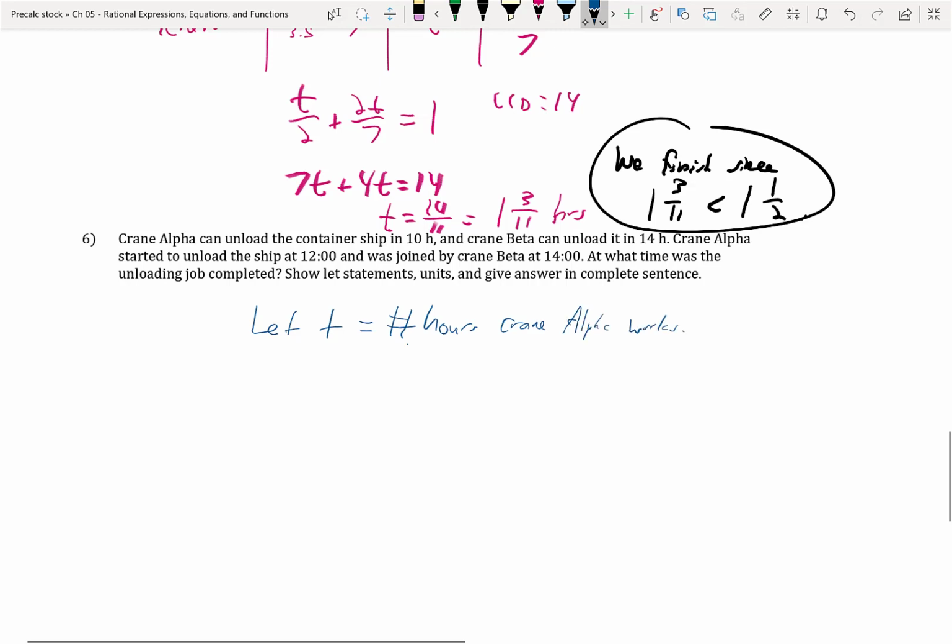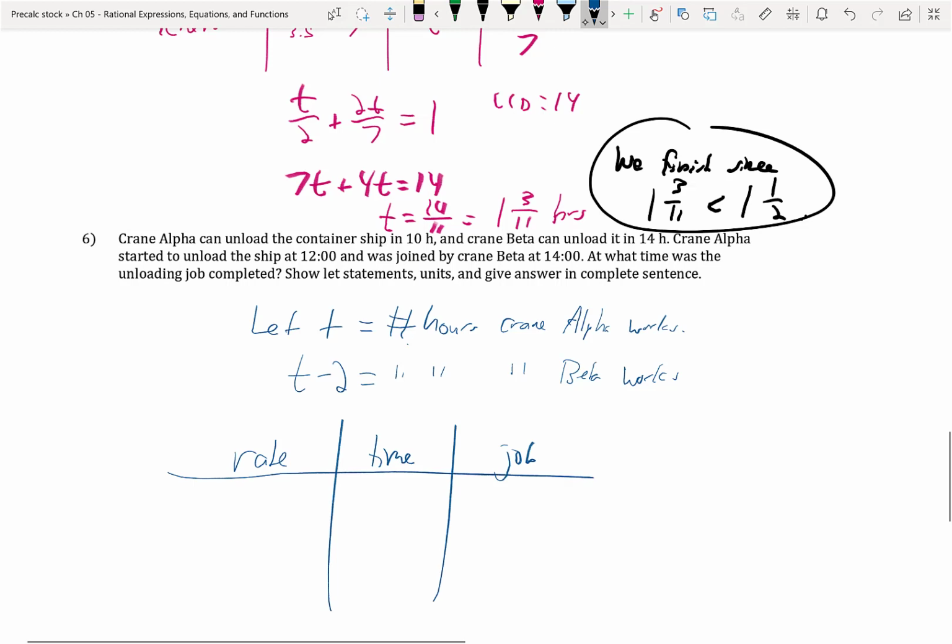So if that's the number of hours Crane Alpha works, and Crane Beta started 2 hours later, it's not T plus 2, it's T minus 2 because Crane Beta works for 2 fewer hours than Crane Alpha. That would be the number of hours Crane Beta works. That accounts for the time difference. Now let's do the same rate, time, and job analysis here.